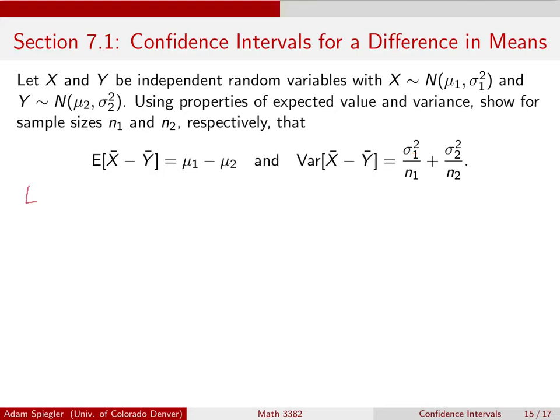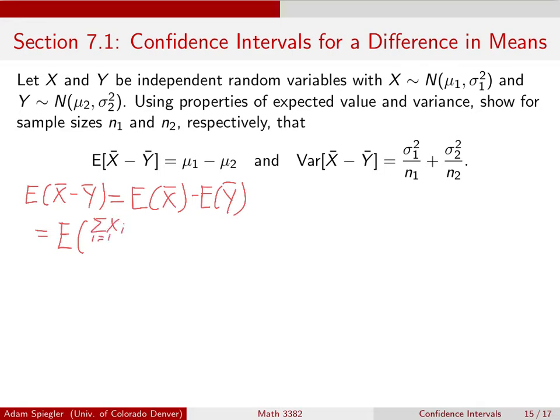For the expected value, this is going to follow something similar to what we've done. I want to calculate the expected value of this difference. Because these are independent, I can split this up into the expected value of x bar minus the expected value of y bar. We know what each of those are, but just for the sake of being detailed, x bar would be the sum of the xi's from 1 up to n1, all divided by n1.